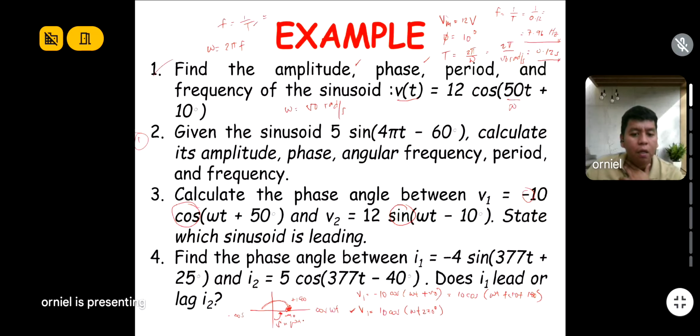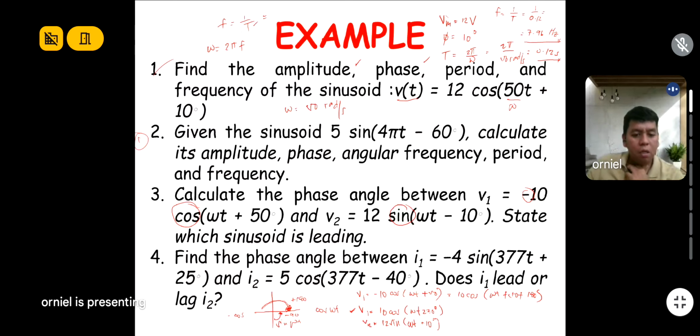Clear? So to rewrite this, V2 will be equal to 12 sine omega t minus 10 degrees.